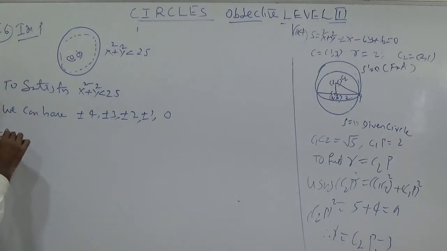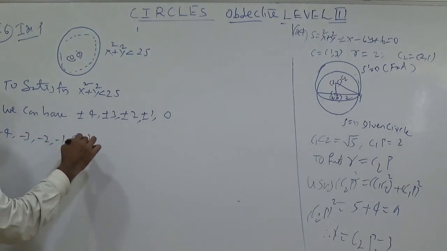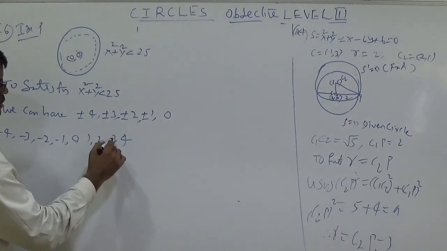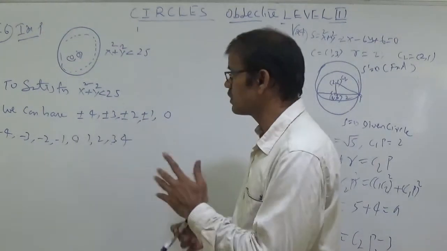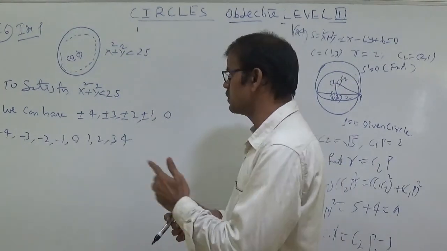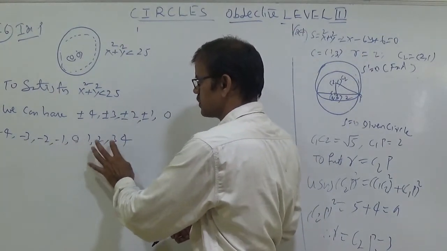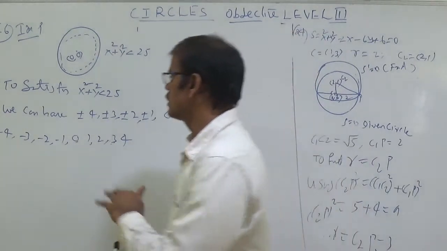Try to understand: minus 4, minus 3, minus 2, minus 1, 0, 1, 2, 3, 4. Because 4 square is 16, 5 square is 25; the numbers that are not possible we can eliminate. Total how many numbers are there? 1, 2, 3, 4, 5, 6, 7, 8, 9 numbers are there. For x 9 numbers and for y 9 numbers.